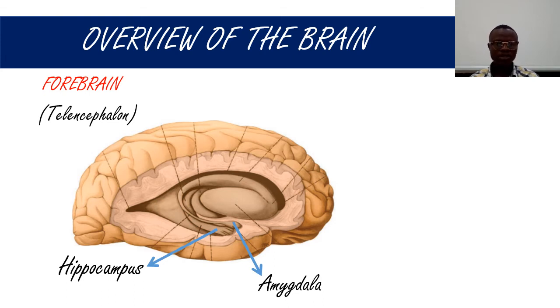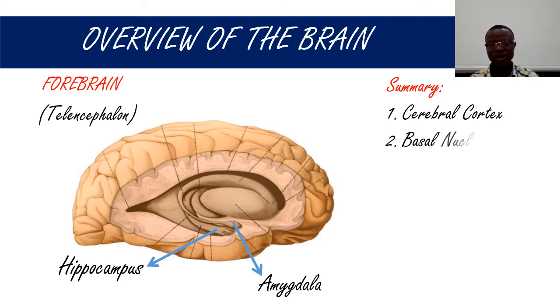So to summarize the structures that make up the telencephalon, we just list them here. The first is the cerebral cortex, you remember? Next, we have the basal nuclei that are located in the core of the brain. Also, we have the cingulate gyrus that was highlighted, and we have the hippocampus also being discussed.